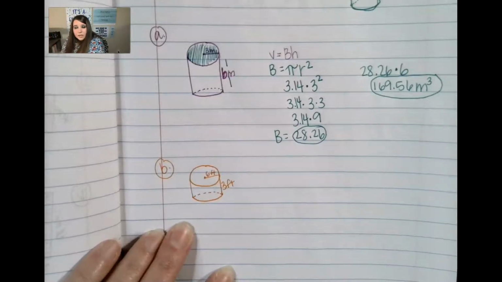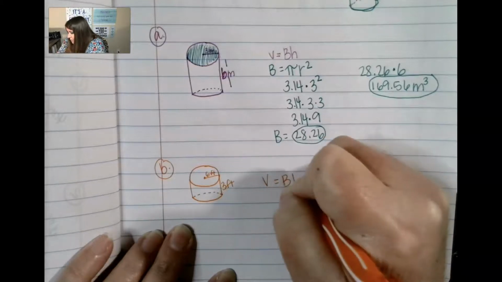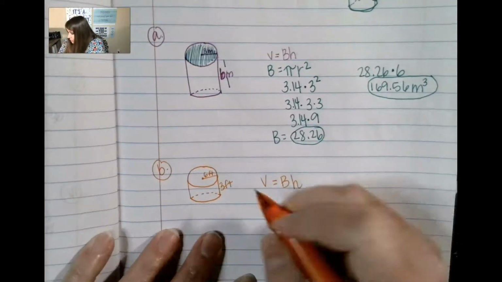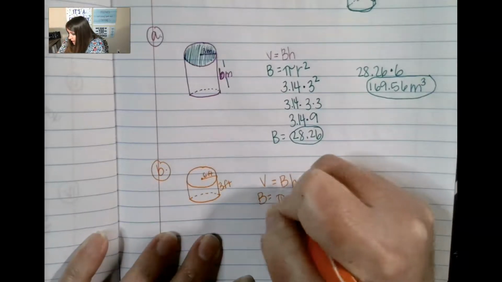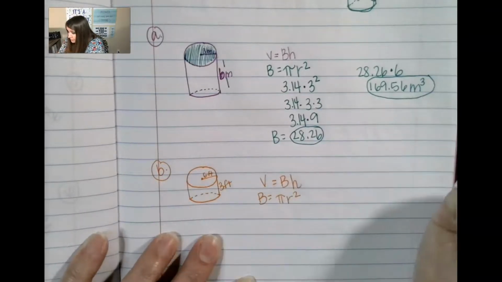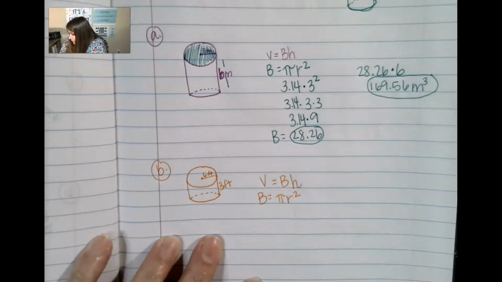Okay, so again, to find the volume, volume equals the area of the base times the height. So in order to find the base, we're going to use pi r squared. And so let's go ahead and solve for pi r squared.